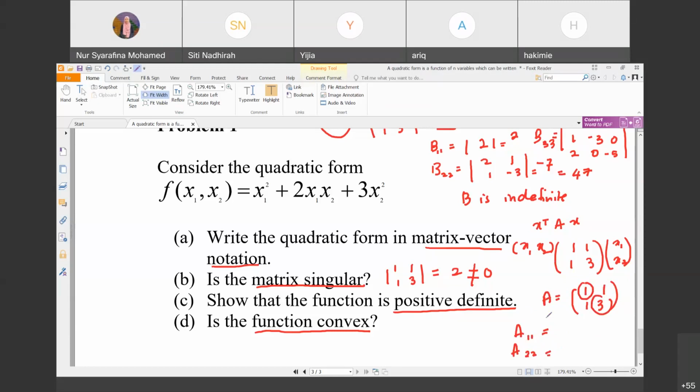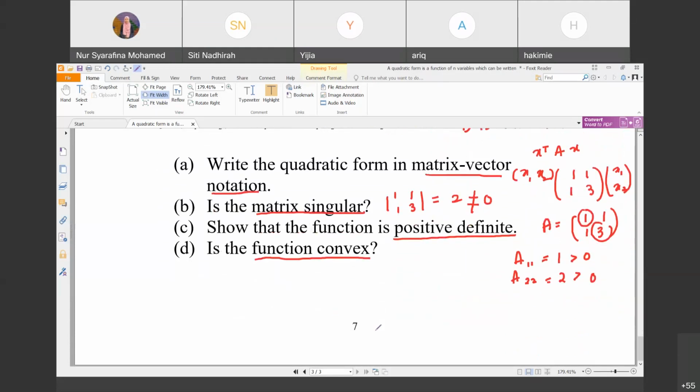A11 is 1 and A22 is 2. Both values are positive, so we can say that it is positive definite. Then when it is positive definite, we can say that it is convex. Okay, everyone, clear or not? Anyone has a question?